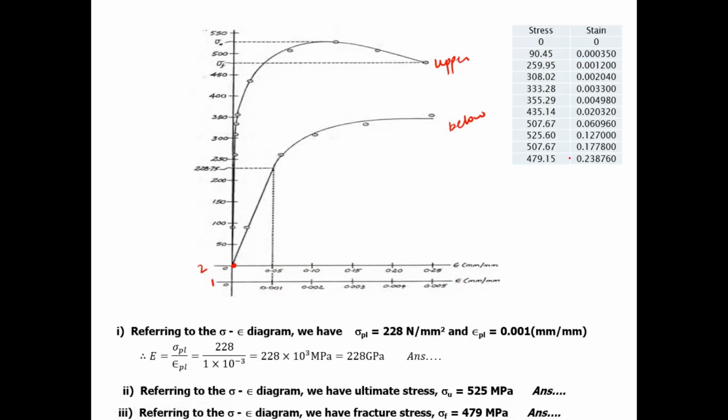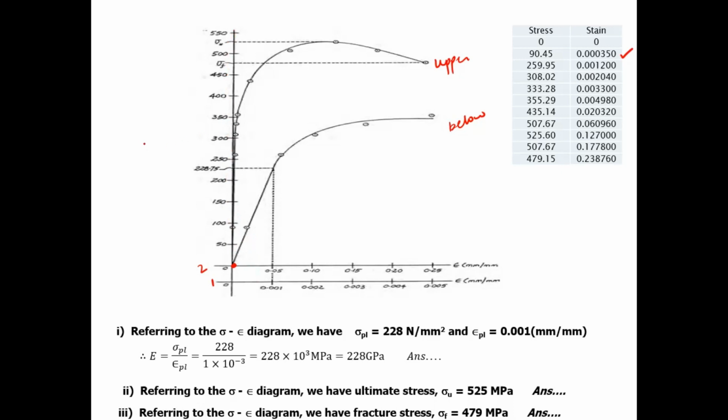Now for the first one, 0.0003 will lie below this line. What is the stress value? 90.45. The interval here is 50: 0, 50, 100, 150, 200, 250, 300, 350, 400, 450, 500, 550.